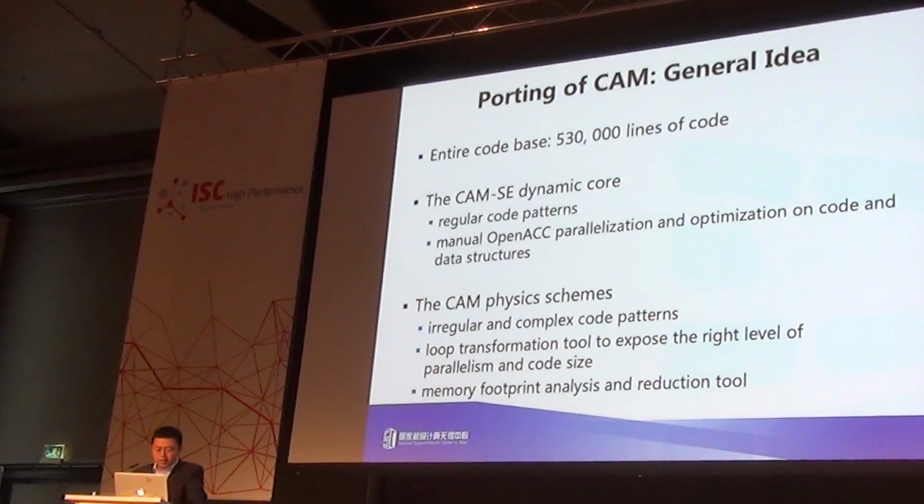So for this one, we are mainly relying on some loop transformation tools to expose the right level of parallelism and code size for the 260 cores within this new Sunway many-core processor. And we have also developed a memory footprint analysis and reduction tool, trying to fit the most frequently accessed variables into the fast buffer I mentioned earlier for each of the different core elements.